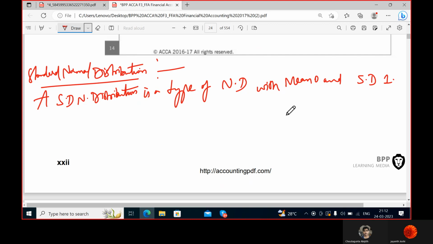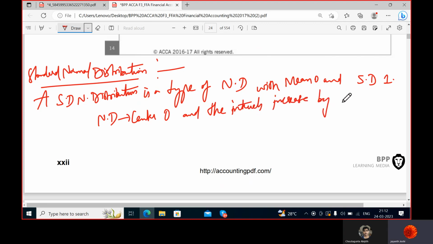So the normal distribution will have a center at 0 and the intervals increase by 1. The mean and standard deviation in a normal distribution are not fixed.